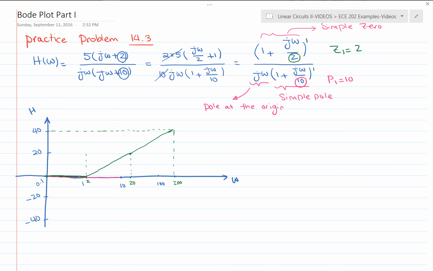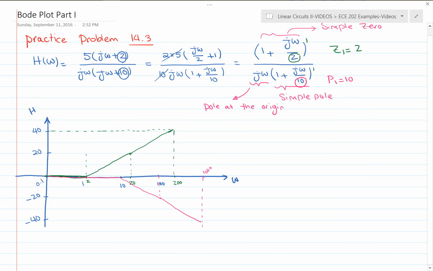So from 10 to 100, it has to reach 20, which is here. So it's a little hard to draw an exact line. And then from 100 to 1000, which is another decade, we have to reach 40.